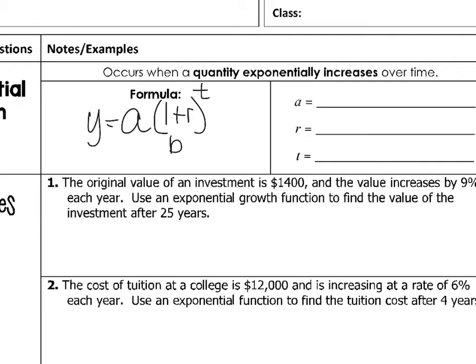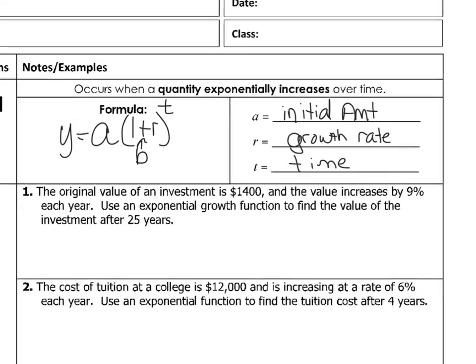So this is B. A is your initial amount, R is your growth rate, and T is time.